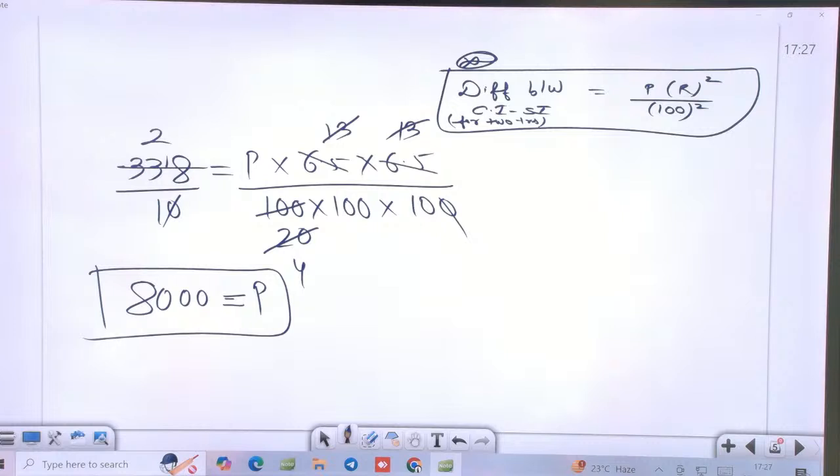Hurry up. Let's find out whether it is applicable in all or not. Try to do the previous questions with this formula.